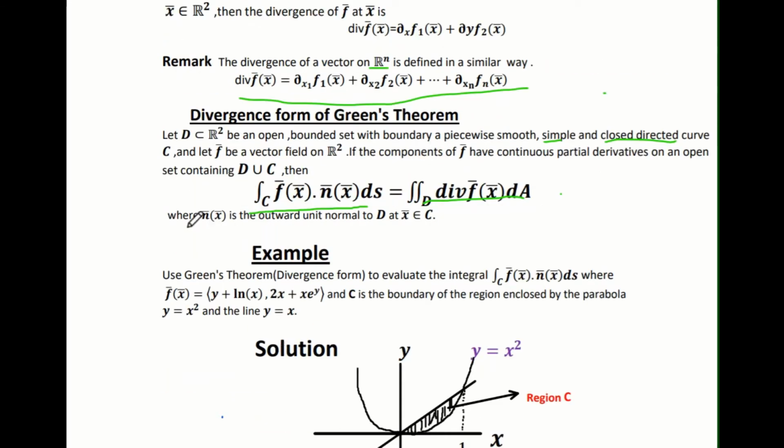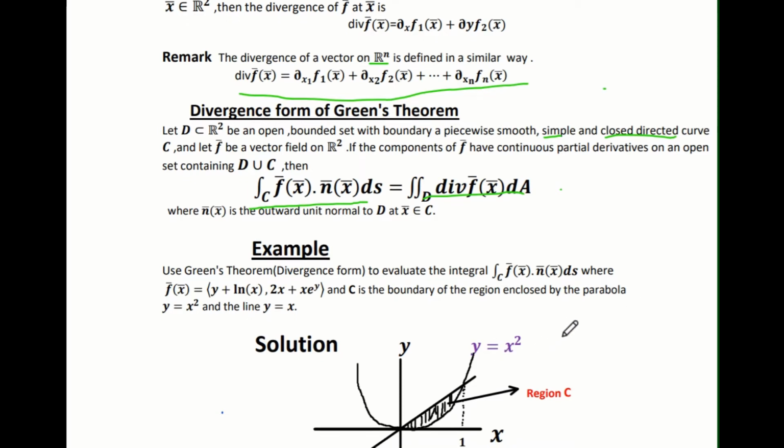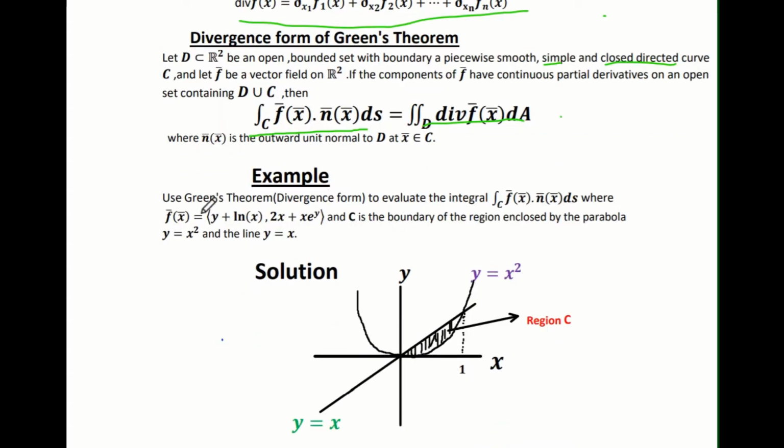I'm going to demonstrate the divergence form using this example below. Here they say use Green's theorem, the divergence form, to evaluate the integral of this. If they say evaluate this integral, you know that we're going to use the divergence form because the left side of the formula matches with this one.